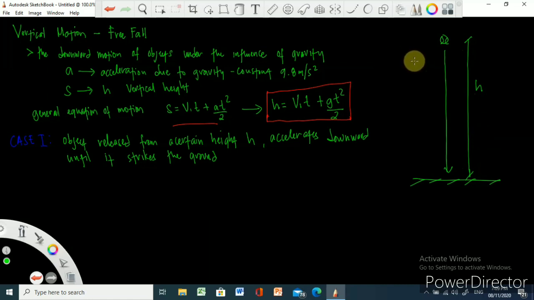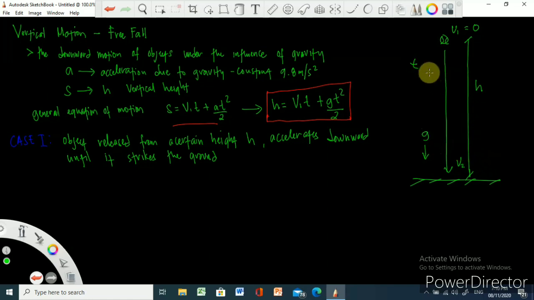Magta-travel siya for a certain period of time. And this object will move downward because of the influence of gravity. So, when you release an object from a certain height, syempre, yung initial velocity niya is equal to 0. Okay? Then, right before it strikes the ground, it will have a final velocity, V2.